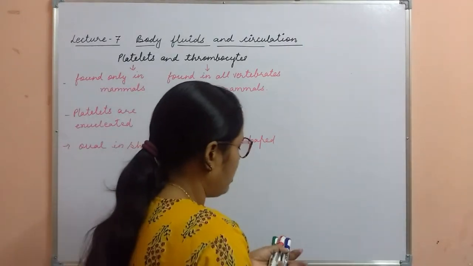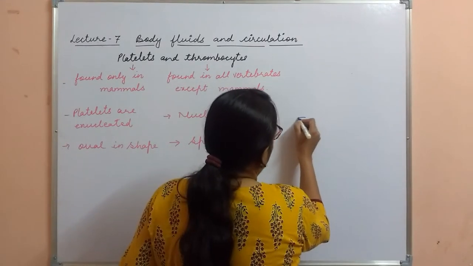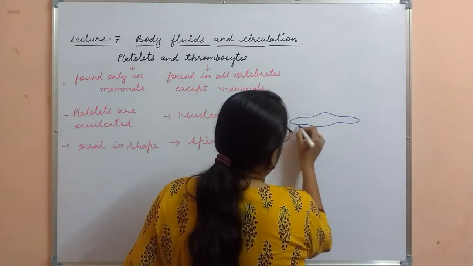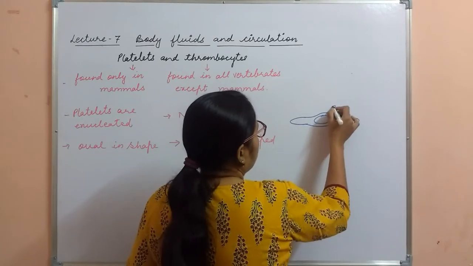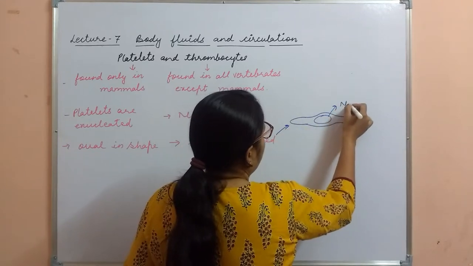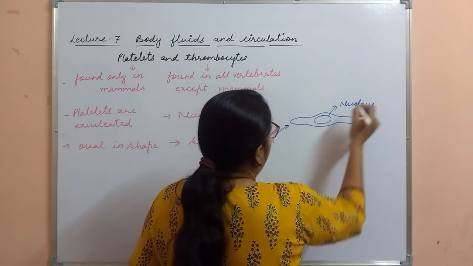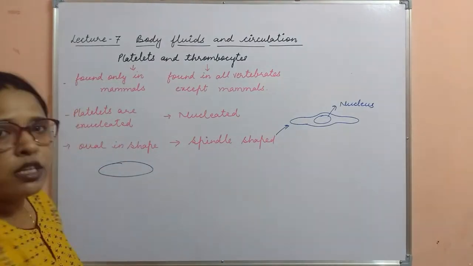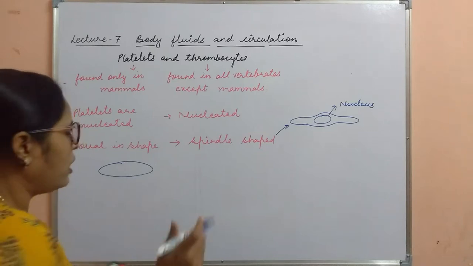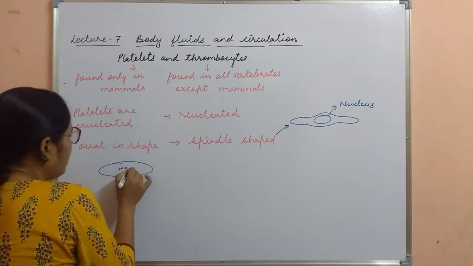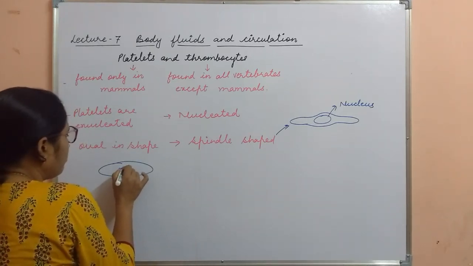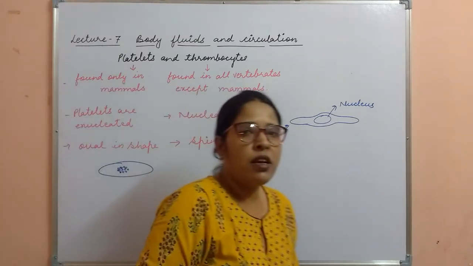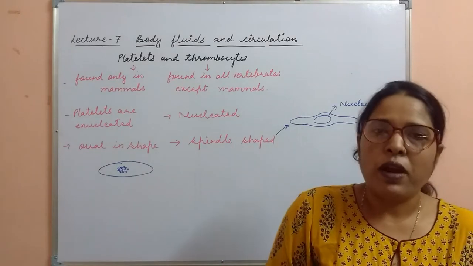The shape of a thrombocyte is like this. This is the thrombocyte, spindle shaped, and here the nucleus is present. So this is the thrombocyte, a nucleated cell, and the platelets are oval in shape. There is no nucleus. This is enucleated, and here some dense material is aggregated at the center of the platelets. This aggregated material is nothing but basic cytoplasmic granules.